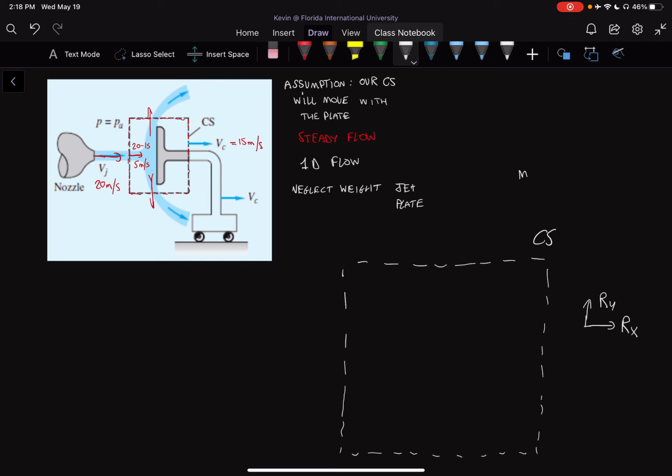We know that this is a moving control surface, or moving control volume, problem. So we're going to describe the problem as much as we can. We know that we have a velocity Vc of our control volume, which is equal to 15 meters per second. We already wrote it down. Now, for the other parts of the system, in green, I'm going to draw from the middle the solid plate where the water is hitting.